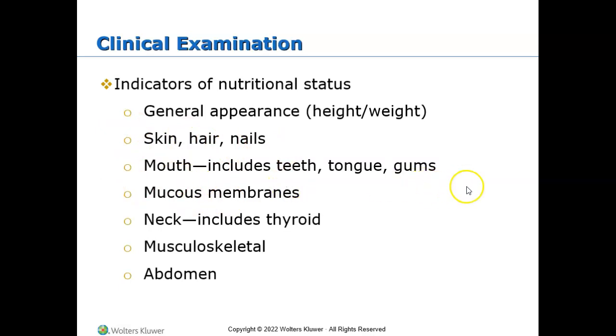Mouth, how's their teeth, tongue and gums. If you have ill-fitting dentures, you're probably not eating as much as you could or as well as you could, and maybe you have a risk for aspiration. Mucous membranes, are they moist? Are they dry? Tells you hydration status.